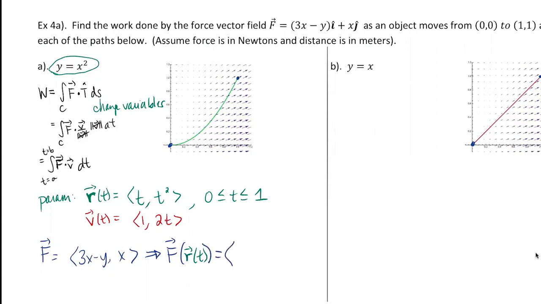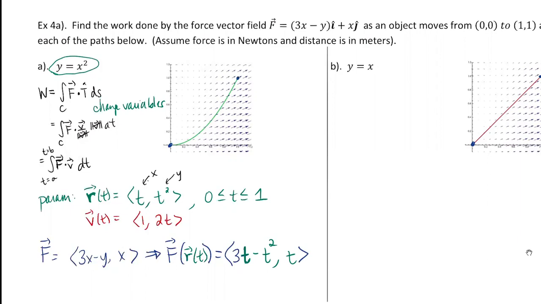And so that's going to become the vector <3, and then instead of x, I'm replacing it with what x is in my parameterization, which is just t. Oops, let's do colors so you can see. And then minus y, and y is t squared in my parameterization. And then I have comma x, but x was just t. So I'm literally just plugging in the fact that this is x and this is y in my parameterization.